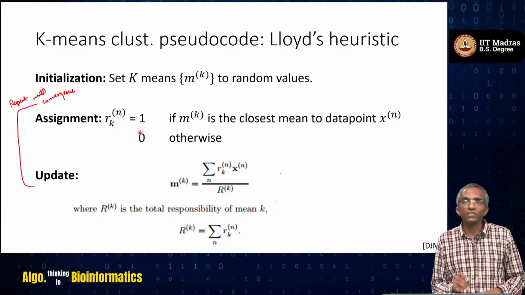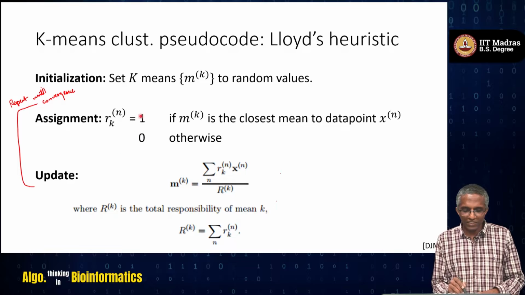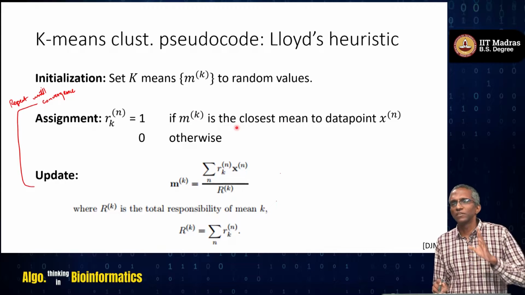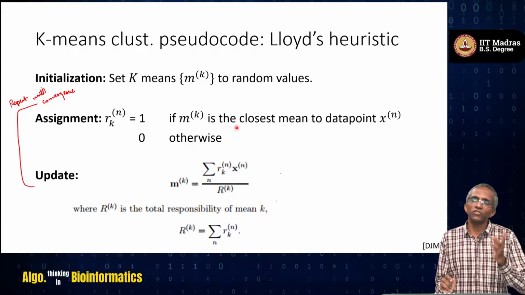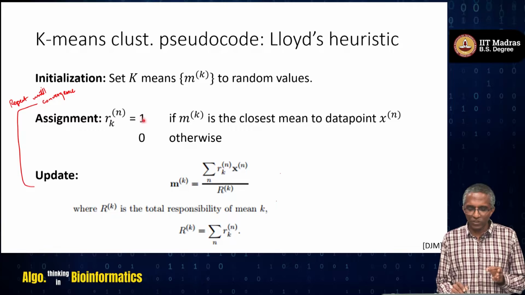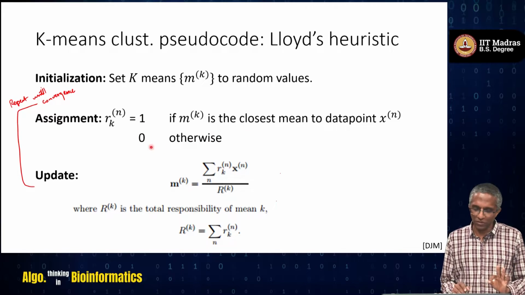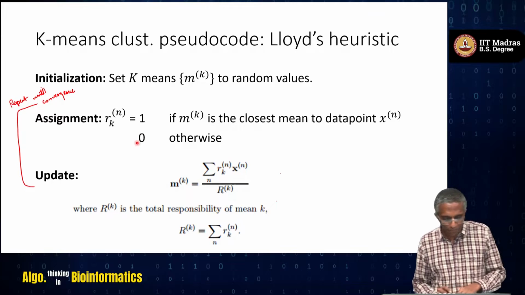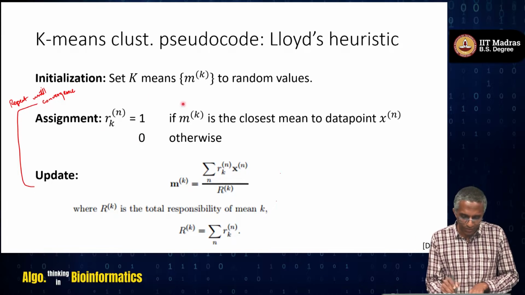So, then that will be 0. Okay. This is a kind of strict way. Every data point is only assigned to one center, that is the closest center, and that is 1, and for everything else it is not assigned. The other centers do not take responsibility for it. So, then that is 0. Okay. So, this is the assignment.